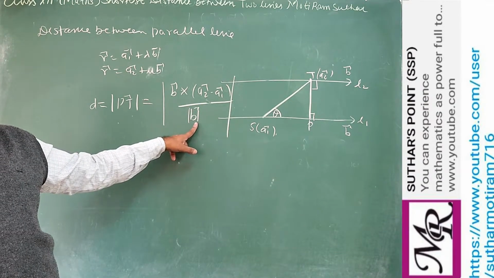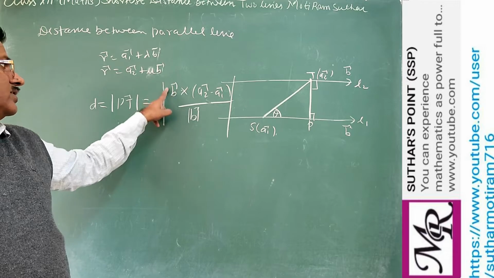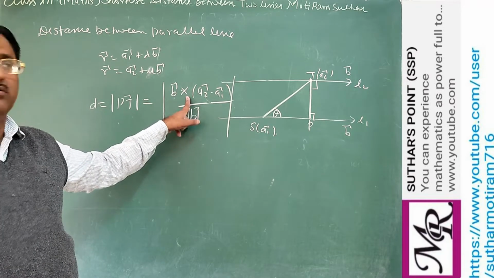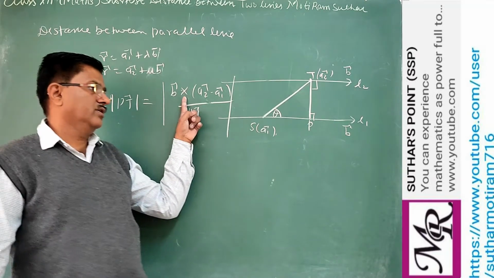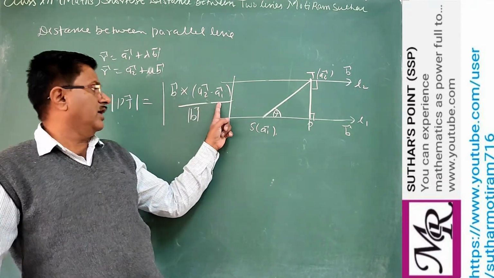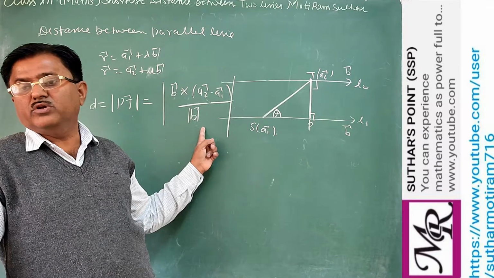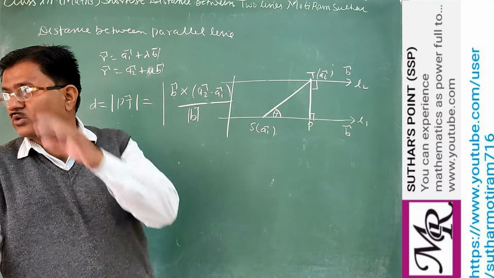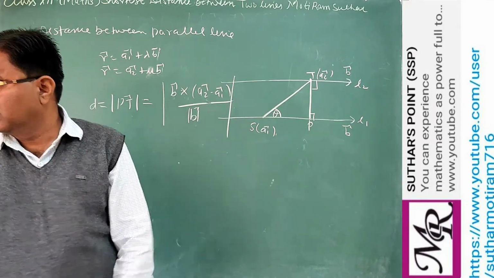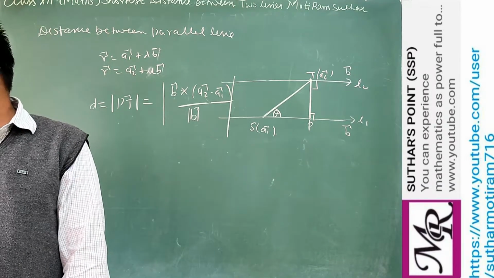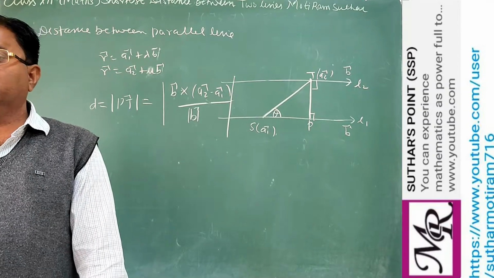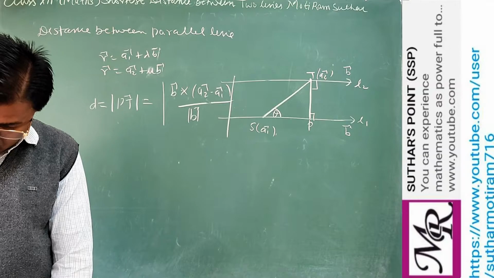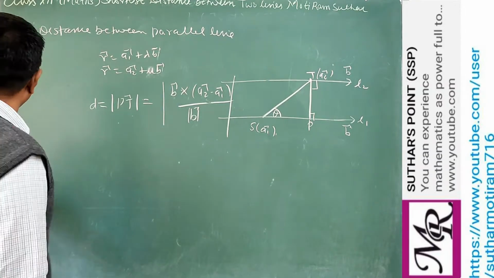And in the case of skew lines, we are using vector b1 cross b2, and in that case we are using the dot product, and vector a2 minus a1 upon mod of vector b1 cross b2. So there is a little difference between the two cases. If the lines are parallel, then their shortest distance is given by this formula, and if the lines are not parallel, then you have to use the formula we used before.